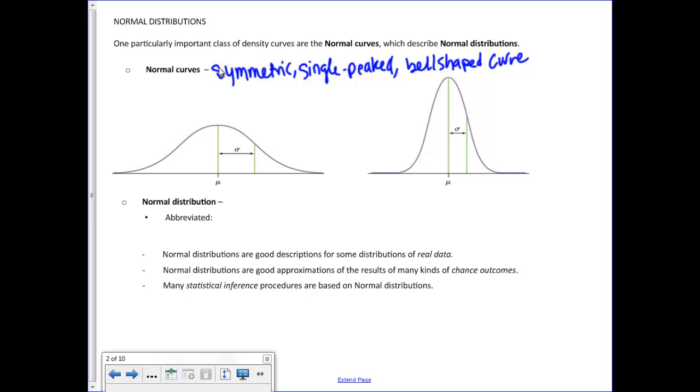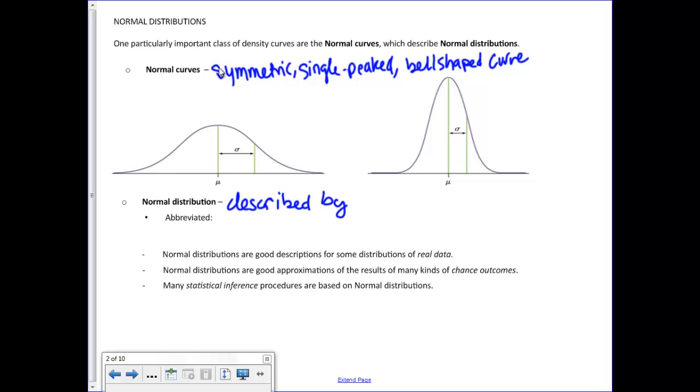What happens is we have this mu, your Greek letter, which is your mean. It's always going to be in the center, and it's always going to go to your peak. So here's your mean, and then we have the standard deviation that goes on either side. They will look slightly different, but the mean and your standard deviation is specifically what's going to define your curve.